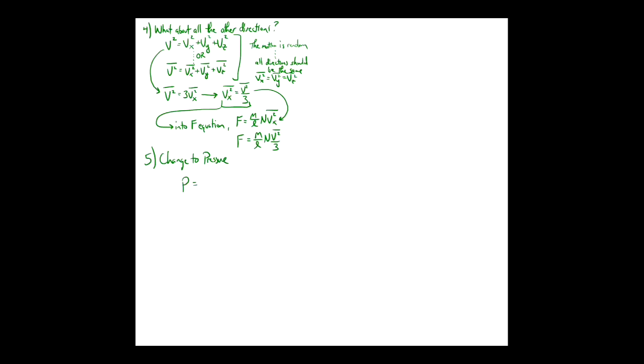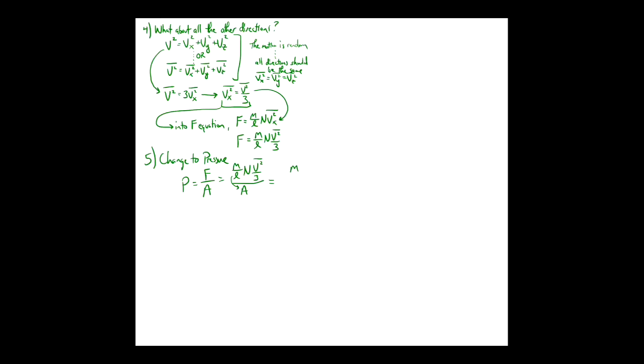We know that pressure is equal to force over area. So let's plug in our force equation, which is M over L times N v squared average over 3. And the area in the denominator, we're just going to leave that where it is at the moment. And let me rearrange this, pulling this L down into the denominator as well.